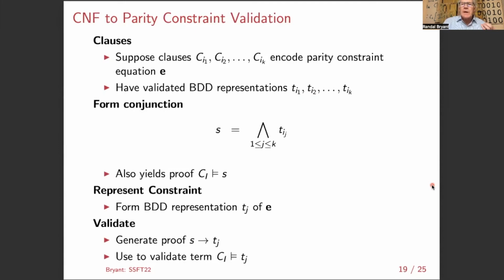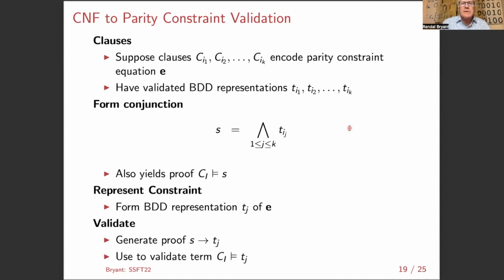As I mentioned, we have to do two types of validation, two different types of trusted BDD representations. The first is to get a trusted BDD representation of the parity constraint, meaning that that parity constraint is really encoded somehow within the input file.